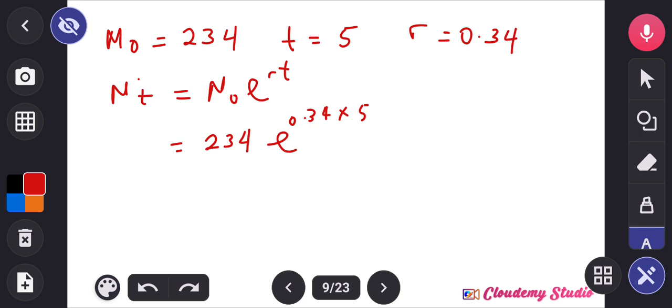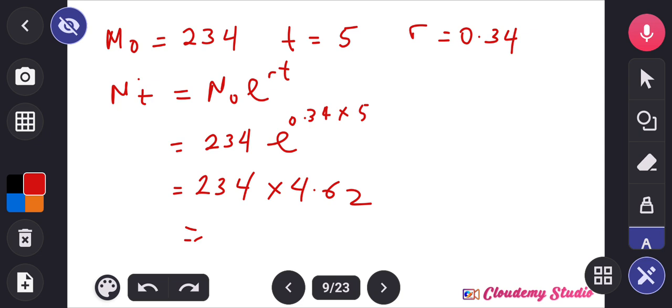Then exponential 1.7, you have 4.62. So that is 234 multiplied by 4.62. If you multiply it, we have 1081. That is the total number that it will be in 5 years.